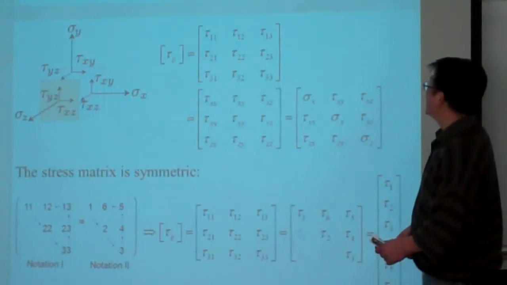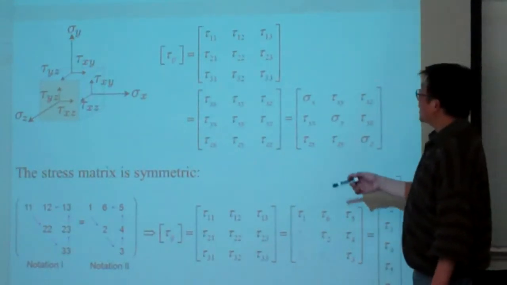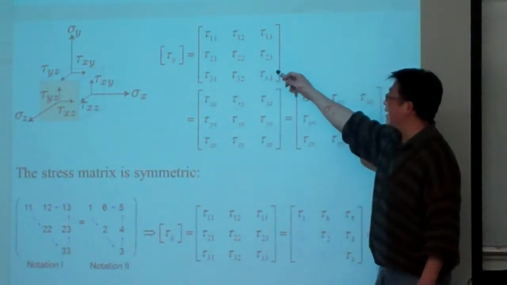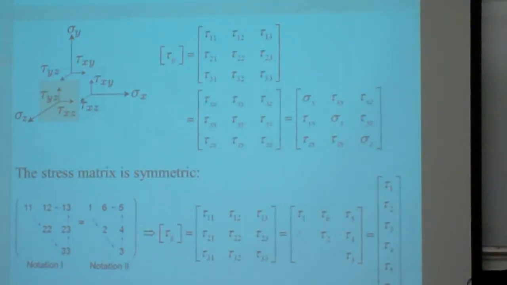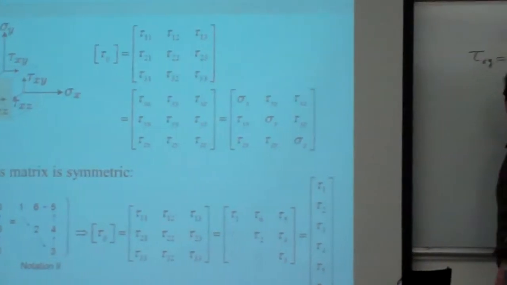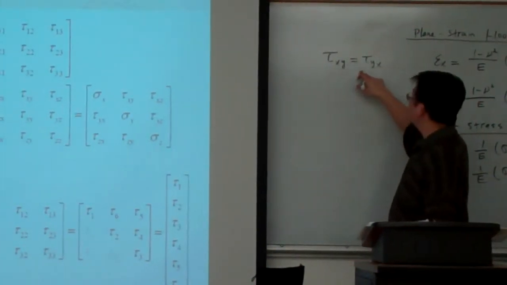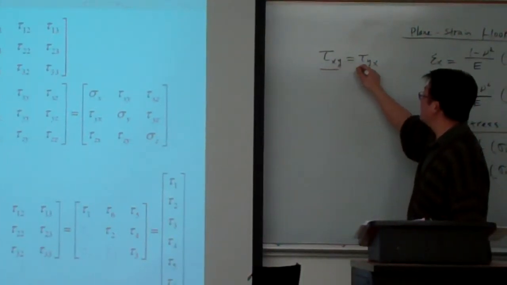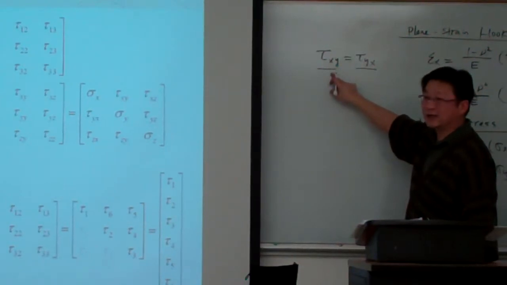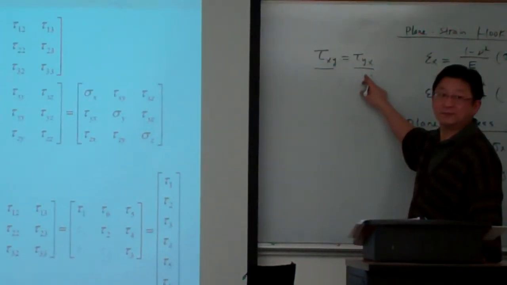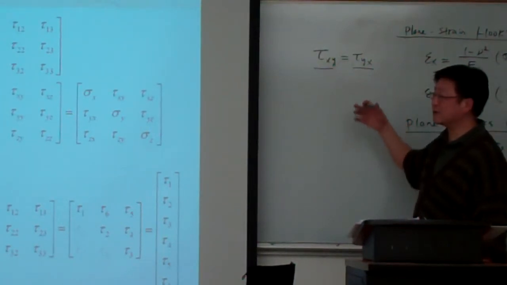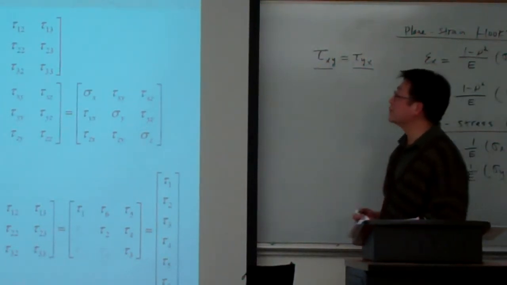But anyhow, we know that for the stress, although we have 9 stress components, you remember at the beginning I mentioned tau xy equals tau yx. They are 2 different quantities of the stress element, but in magnitude they must be the same, because everything is under static equilibrium.